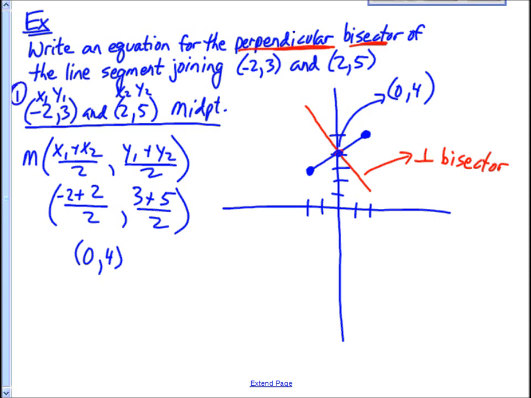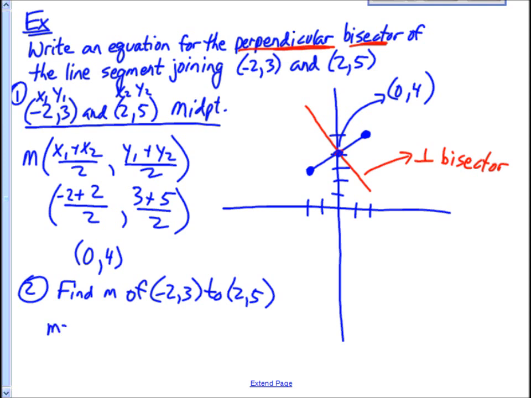Step two, now we're going to go ahead and find the slope of the original line segment. And then we're going to use that slope to determine the perpendicular slope. So if you remember, the slope was y2 minus y1 over x2 minus x1, right?